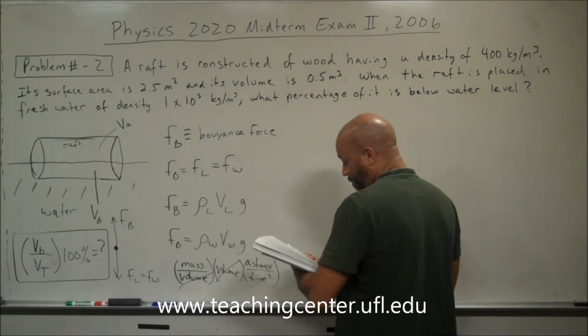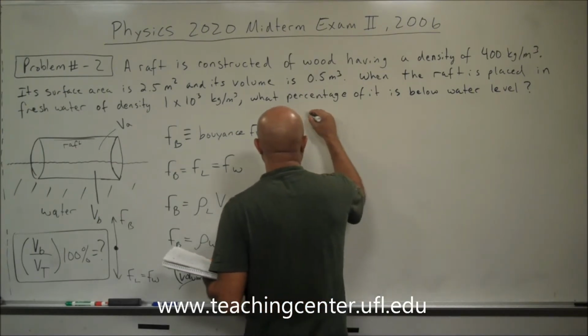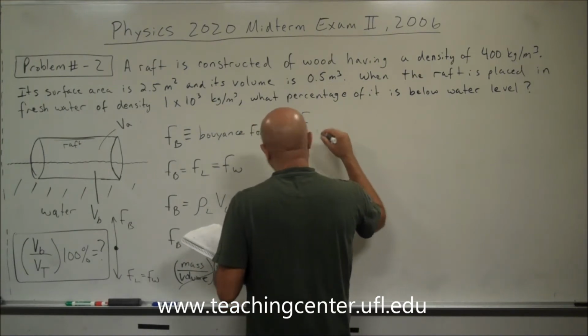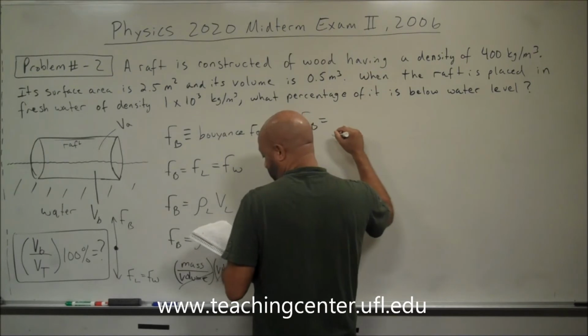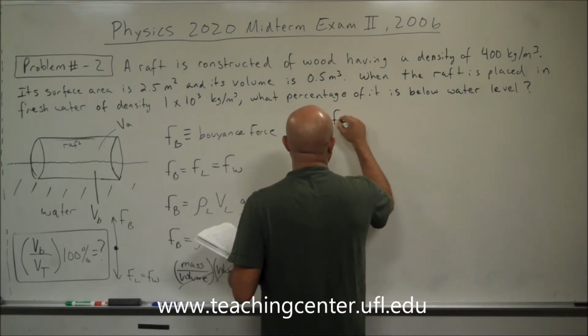And so we know from Archimedes' principle that F sub B, which is the buoyant force, is going to be equal to the force of the liquid.